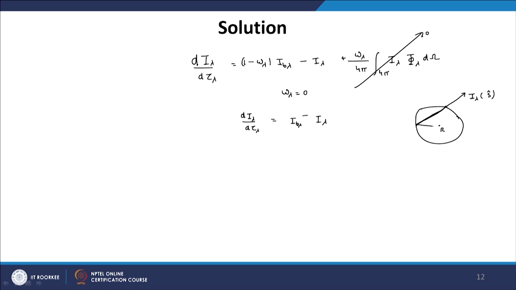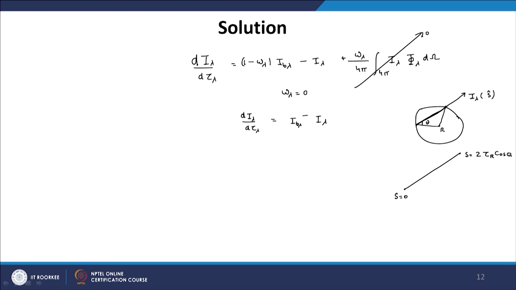So, this angle may be specified as theta. Now, what we will do is we introduce the coordinates along this direction. So, let me draw this one. This is S is equal to 0 and this is S is equal to 2 times tau r cos theta.